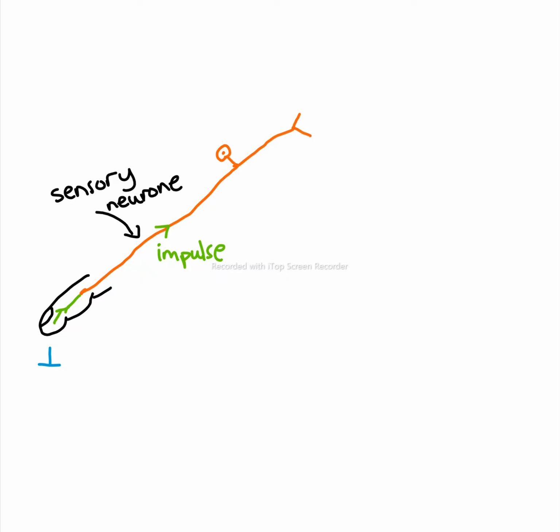When it gets there, you have a relay neuron. So let me write this down. So sensory neuron passes the impulse on to the relay neuron.